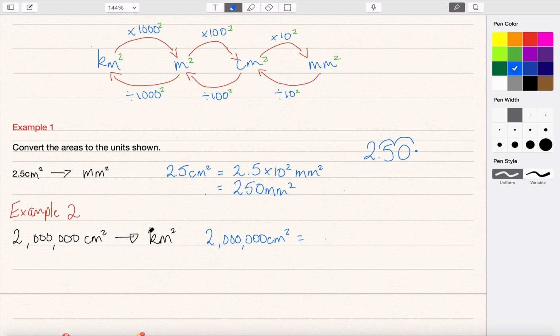We're going from centimeters squared to kilometers squared. We're going to have to go 2 steps here. First step is to divide by 100. So it's going to equal 2 million divided by 100 squared, which is here, 100 squared. And that's going to change it into meters squared.